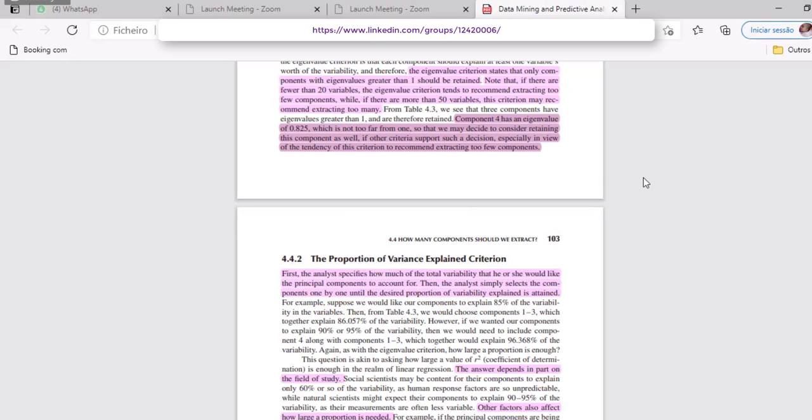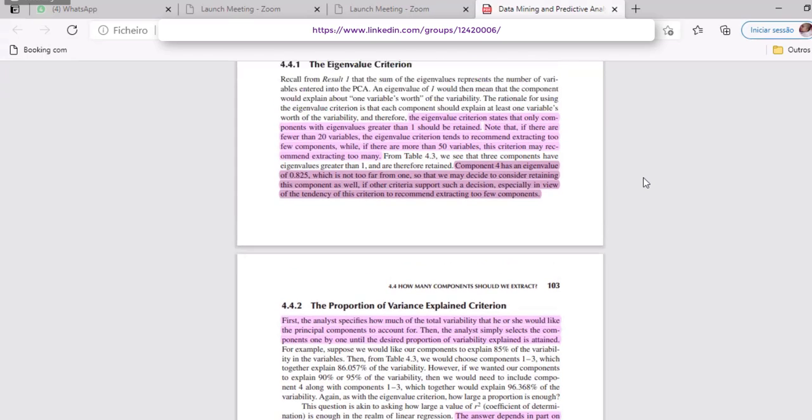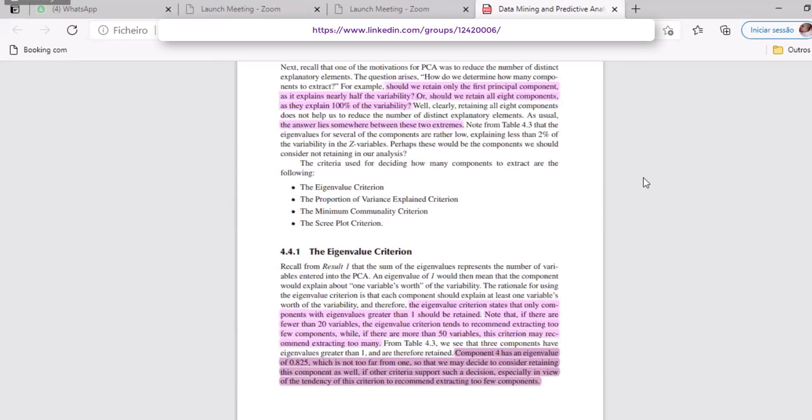Even if the number of variables is enough, if you have a component with an eigenvalue very close to 1, it's better to keep it and test it with other criteria. So we have some other criteria.